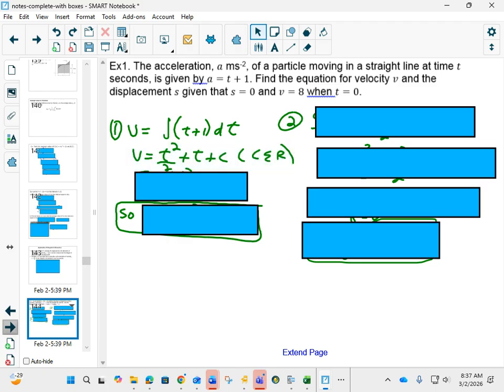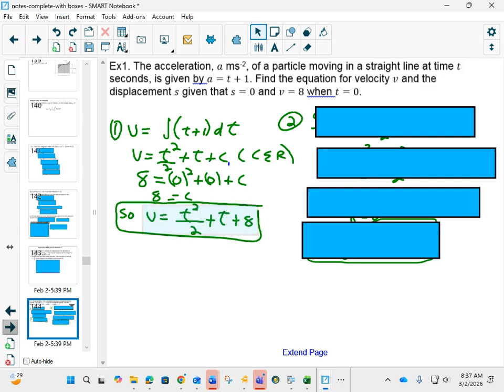And you can probably see here that you might want to put a C1 here, or you might want to use C and then D, because we're going to work backwards again and have another plus C. You can plug in the initial condition that you know that when time is 0, the velocity is 8. So we get our velocity formula.